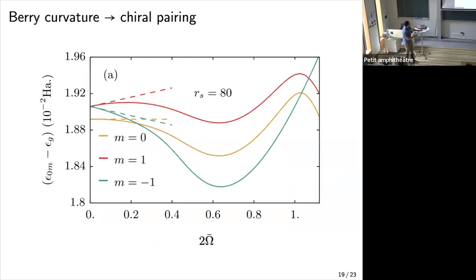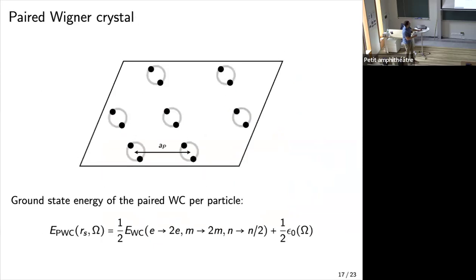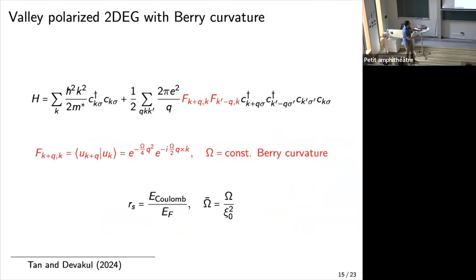The Hamiltonian I wrote down is not a realistic Hamiltonian for any 2D material. It's a toy model where I can just add in, in some minimal way, Berry curvature to an ordinary two-dimensional electron gas, and one with uniform Berry curvature, which as you say is not very realistic.